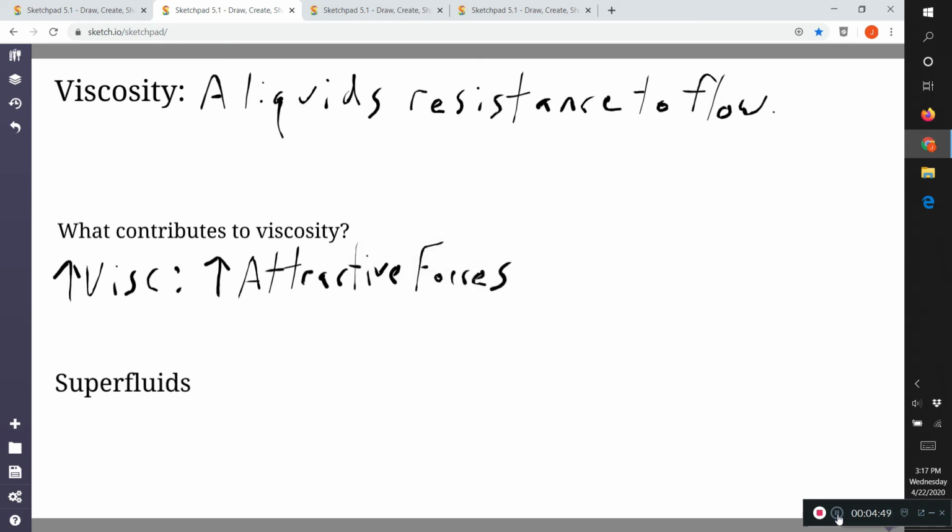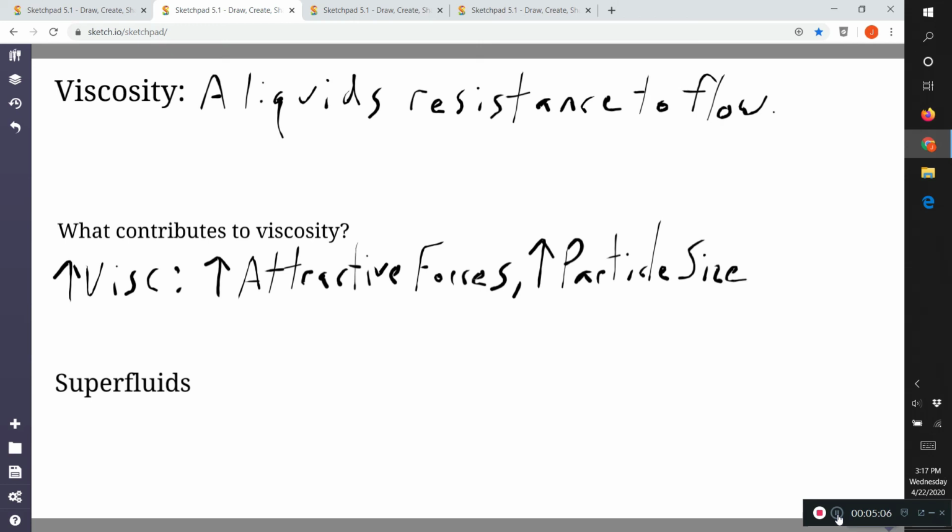If the attractive forces are higher, it slows the flow down, and thus you have a more viscous liquid. You could increase the particle size. Larger particles flow more slowly.